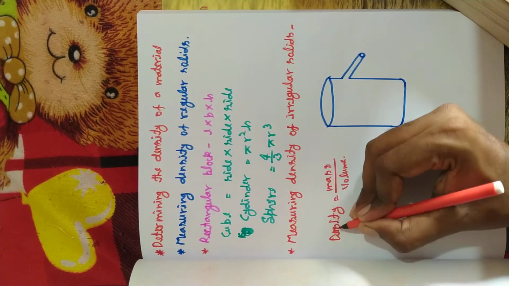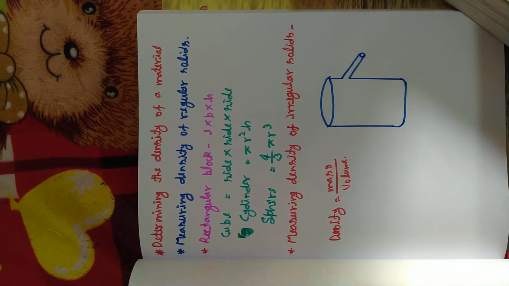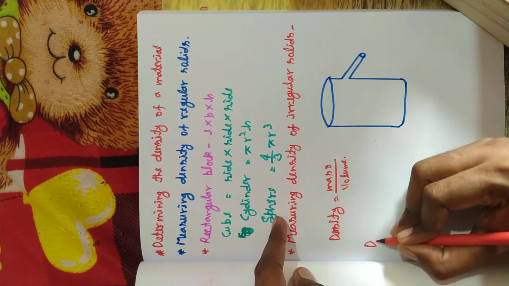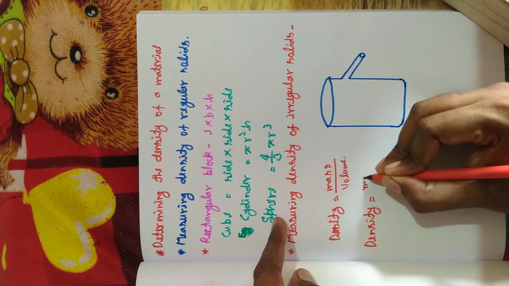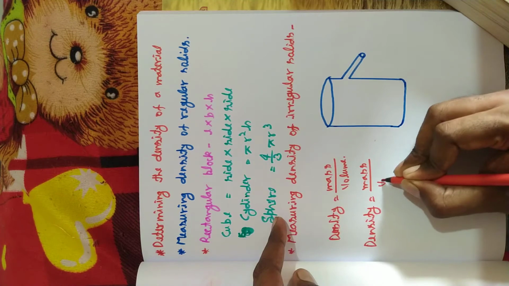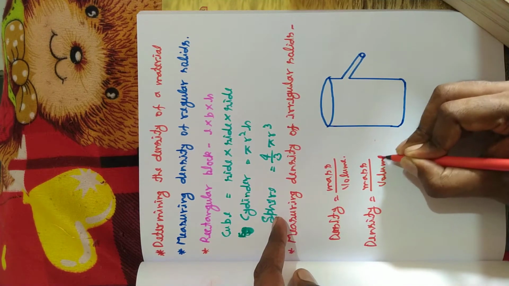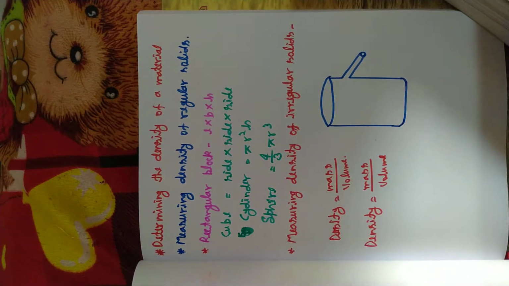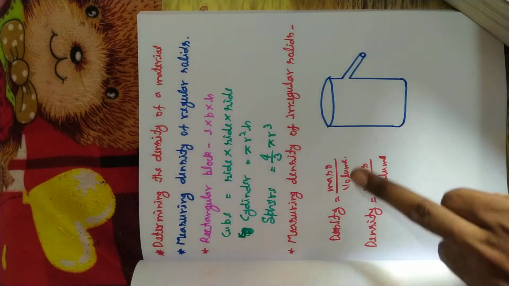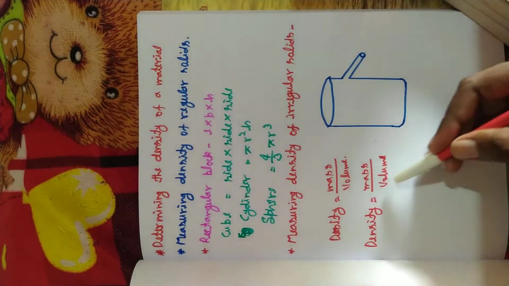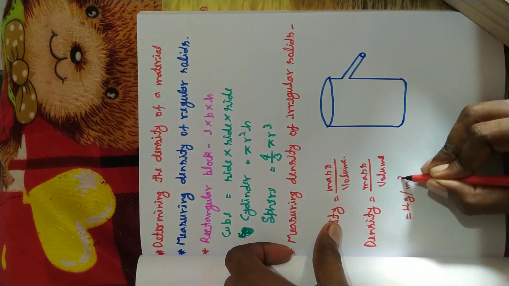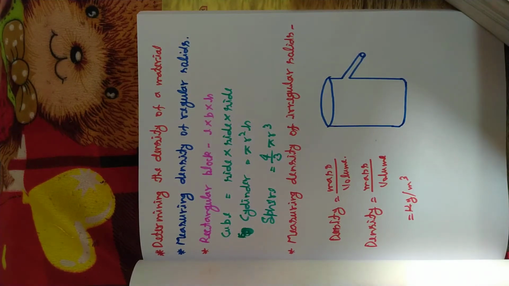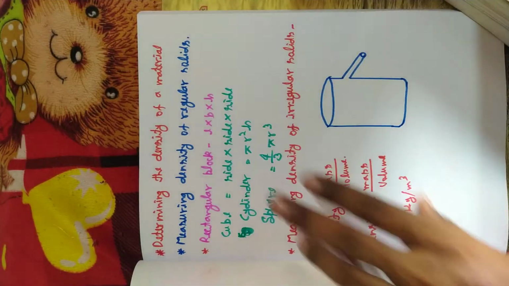With the help of this formula we can find that the SI unit of density will be kilogram per meter cube. Clear?